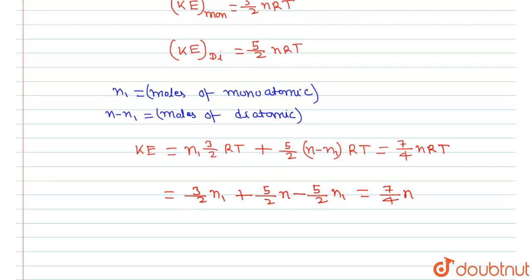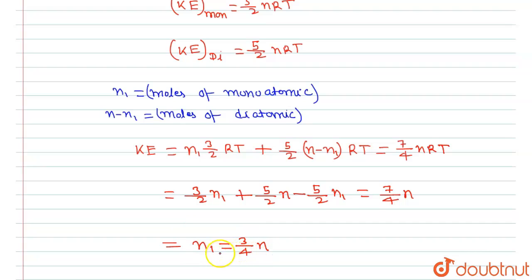Now from here, 3 by 2 minus 5 by 2 times n1, so we can write the relation between n1 and n: n1 is equal to 3 by 4 into n.